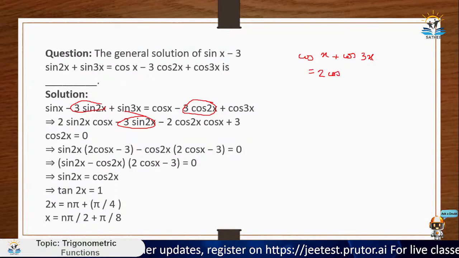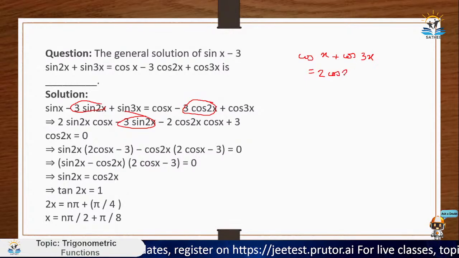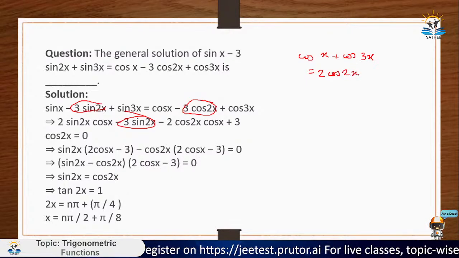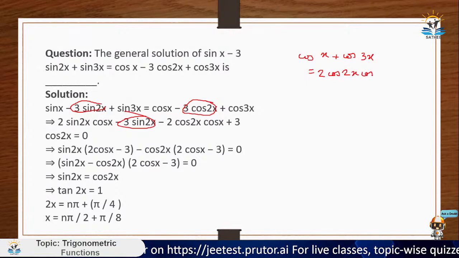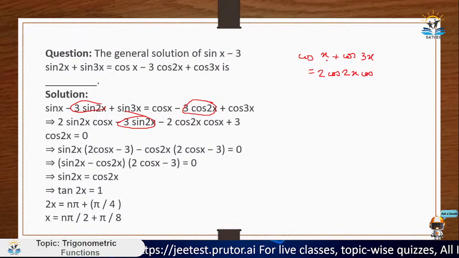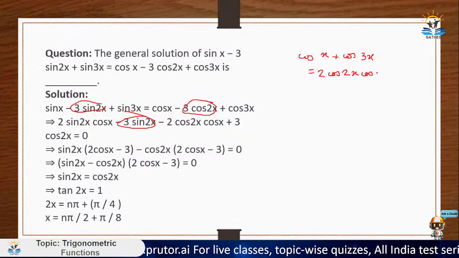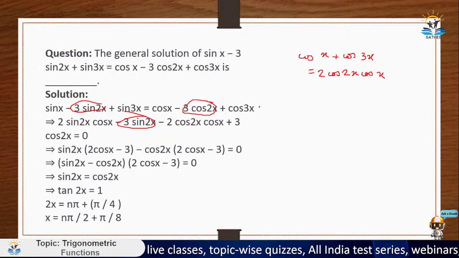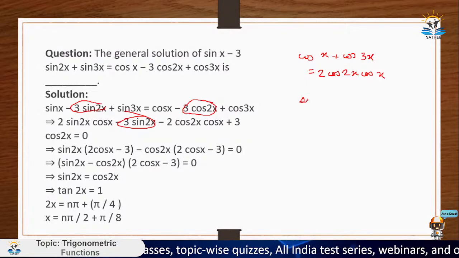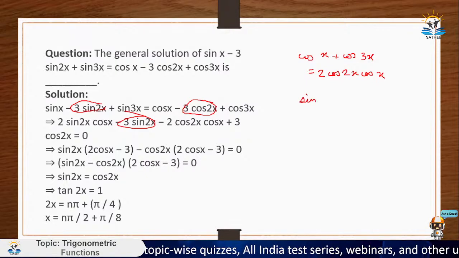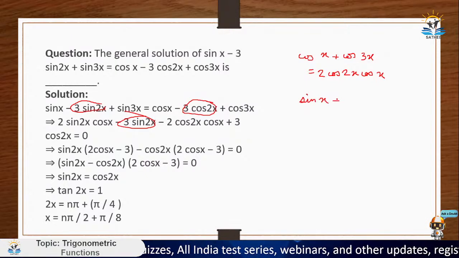C plus d is x plus 3x, 4x upon 2 is 2x. So 2 cos 2x multiplied by cos (c minus d) by 2. I've taken c this and d this. 3x minus x is 2x upon 2 is x. So basically 2 cos 2x into cos x. Similarly, sin c plus sin d, sin x plus sin 3x.